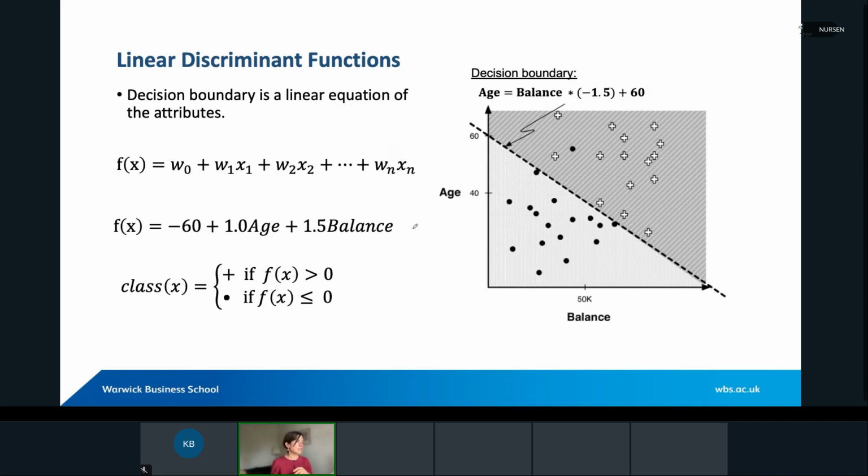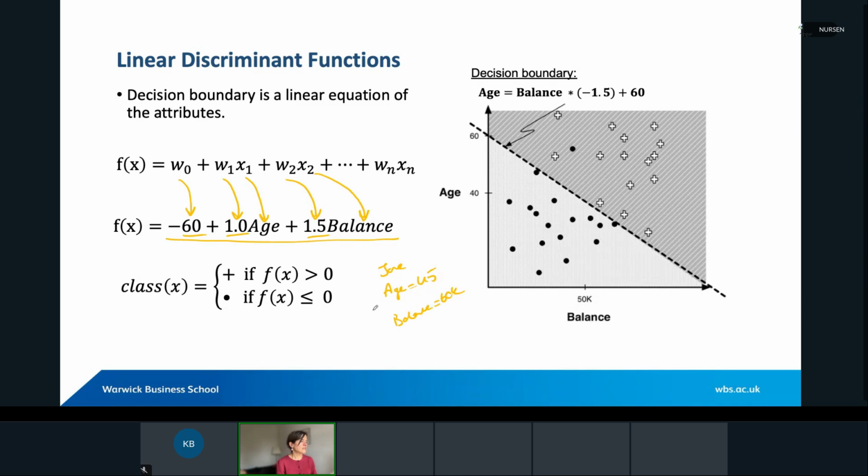And how does it make a prediction? Once we learn these parameters, as you see here, W0 is minus 60, W1 is 1, and W2 is 1.5. We only have two features, x1 is age, and x2 is balance. So once we learn these W's, or coefficients of the model, then for the future, let's say a customer comes, if you consider the Jane example from our previous workshop, Jane's age was 45 and balance was 60K.